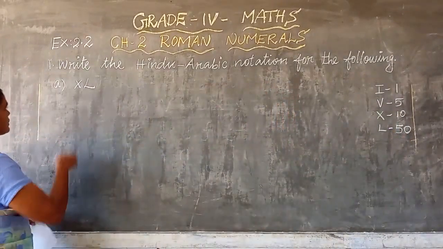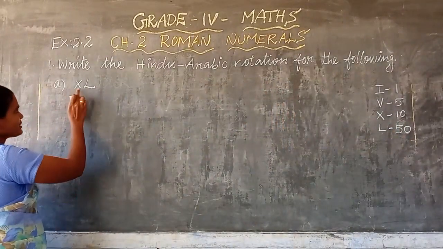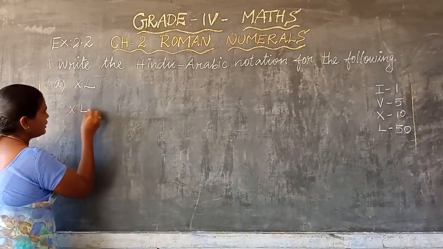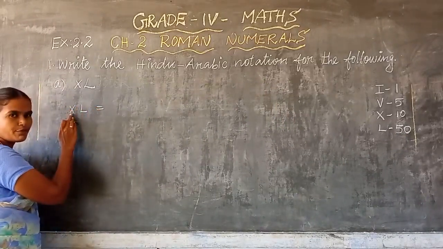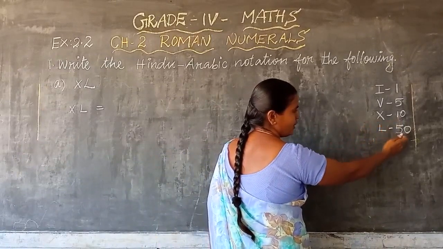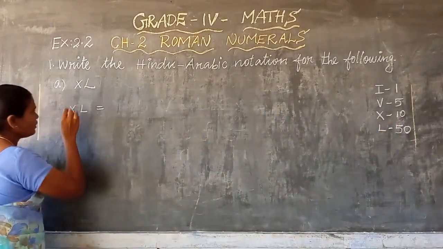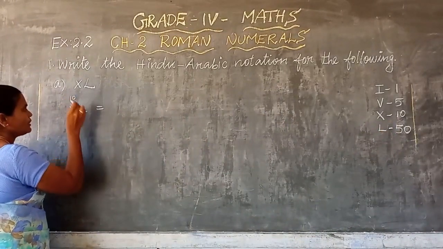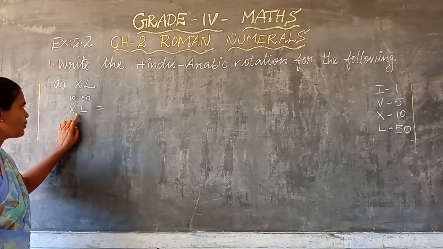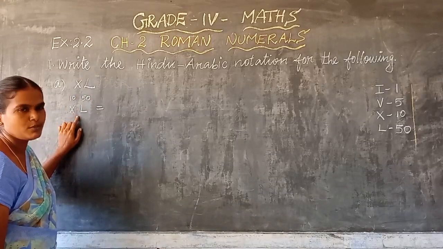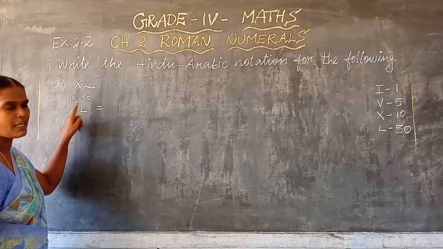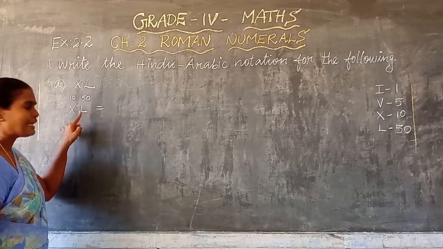See here, first one, part a, XL. So XL equals, what is the value of X? Value of X is 10, value of L is 50. So write the 10 on top, L value 50. Now here you apply the rules, just recall them.